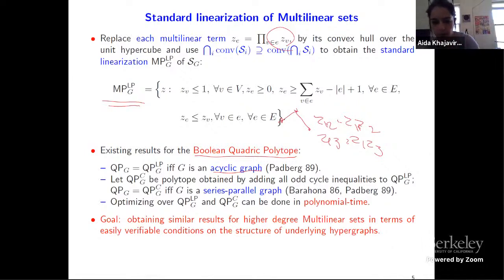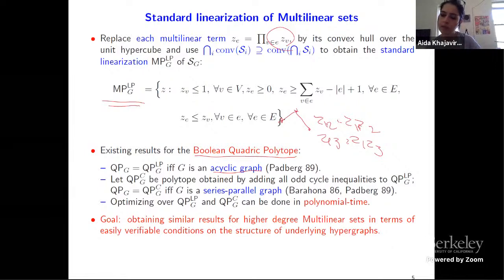So this, for example, tells you that if your graph has a certain structure, so now you are allowed to have triangles, you are allowed to have cycles, but if the graph is a series parallel graph, still the corresponding 0-1 quadratic optimization problem can be solved in polynomial time.